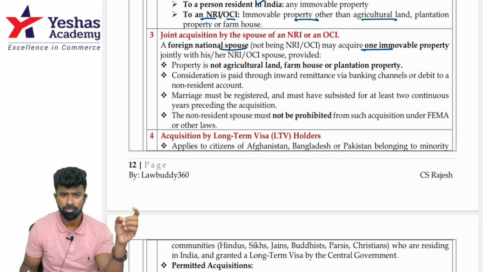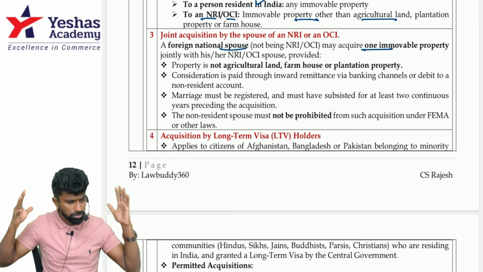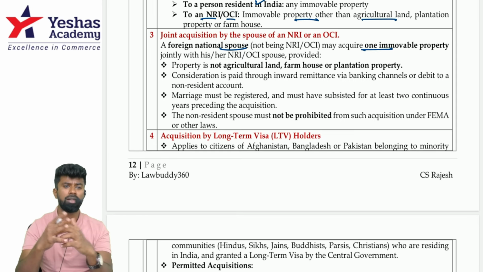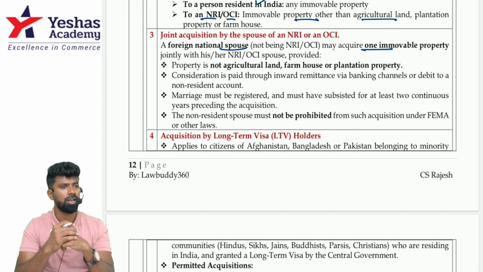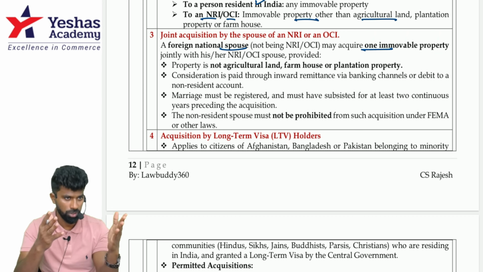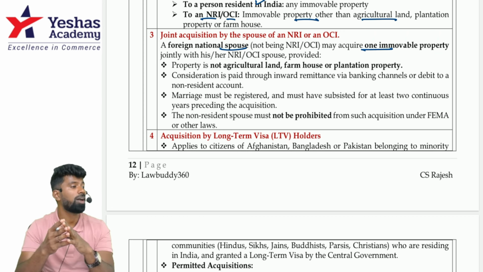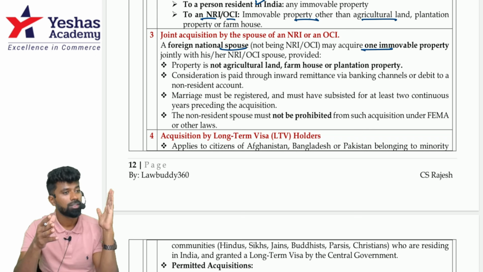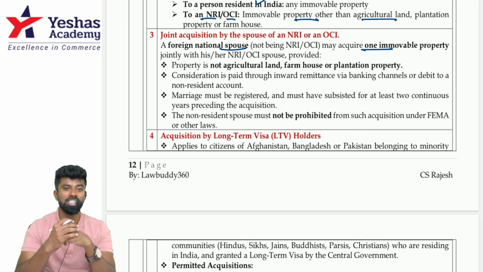For example, let's say Kavya got married to Kelvin. Kelvin is a foreign national. Let's say he's from England.